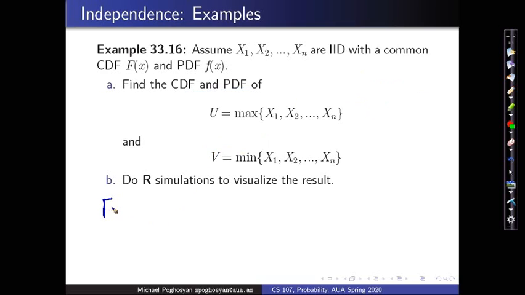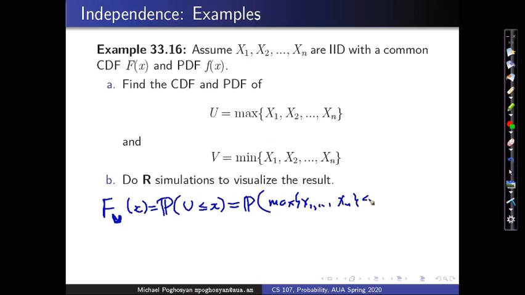I'm starting by calculating the CDF of U at some point x. By definition, this is the probability that U is less or equal than x. And this is the probability that the maximum of X1 to Xn is less or equal than x.